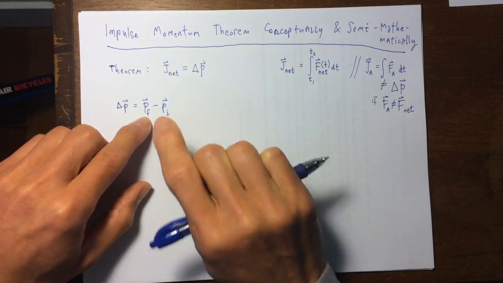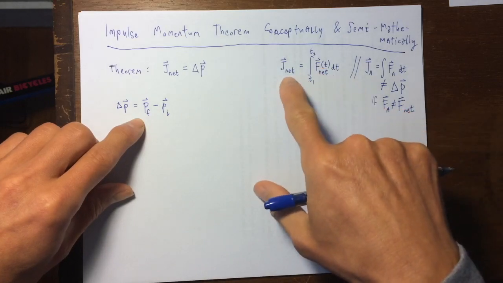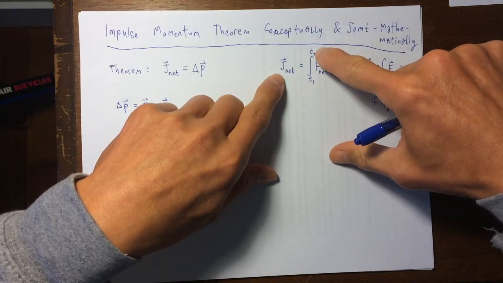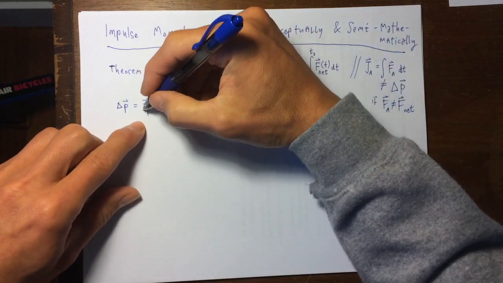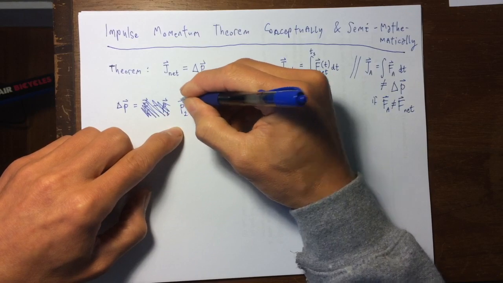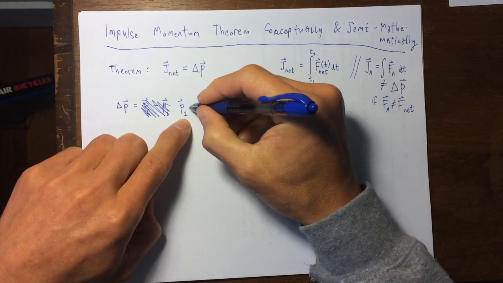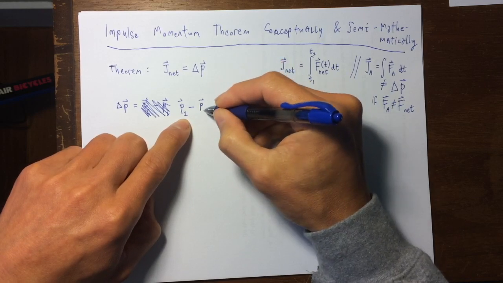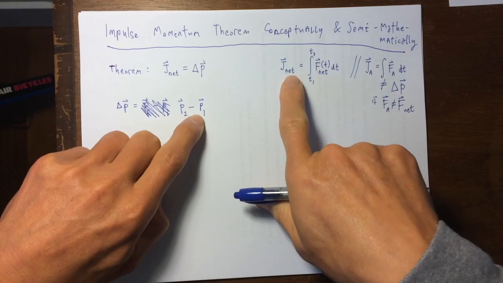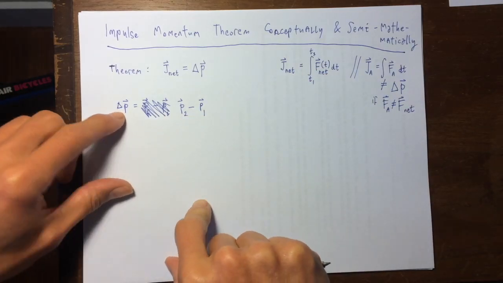And if I define the net impulse as going from t1 to t2, this is the momentum at the end of the time interval, and this other thing is the momentum at the beginning of the time interval. And the impulse is what causes the change. This is the change here.